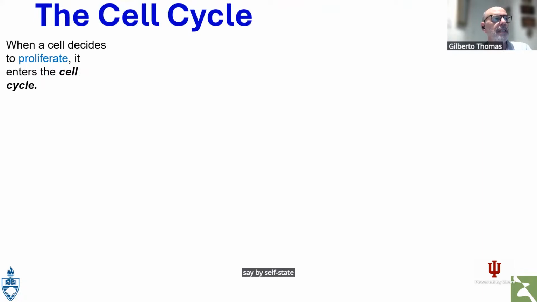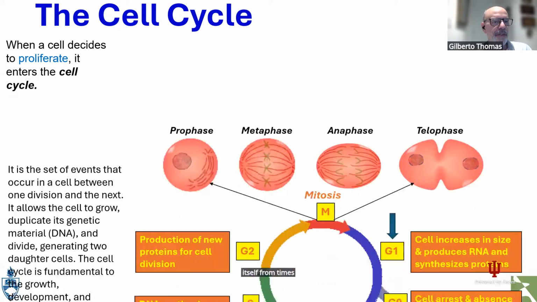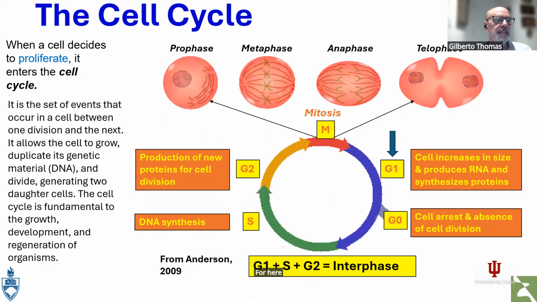Okay, when the cell decides then to proliferate, it enters the cell cycle, which repeats itself from time to time. Here, I can show a schematic of this cell cycle.